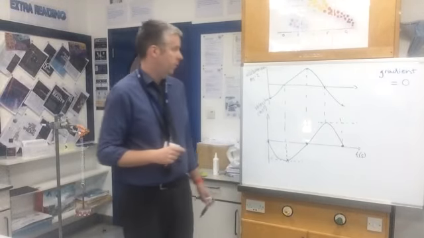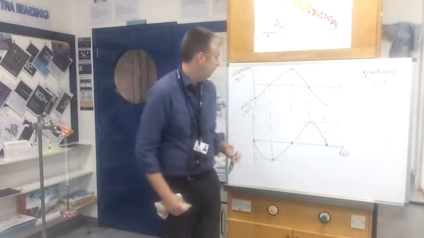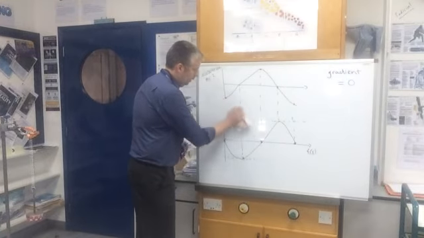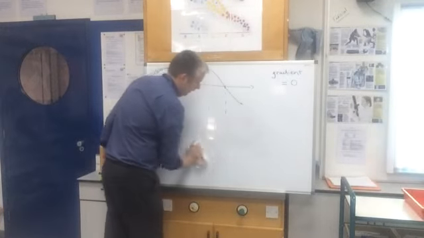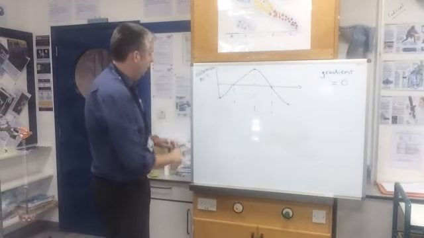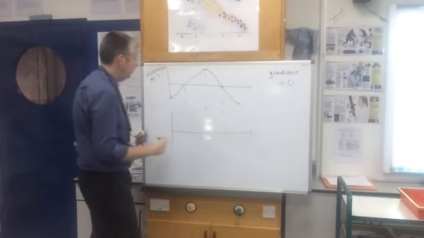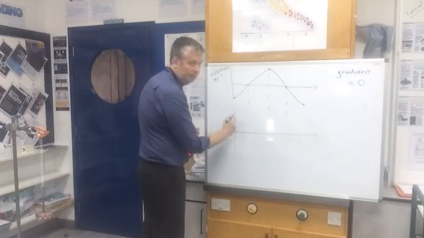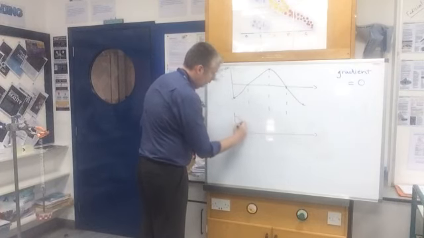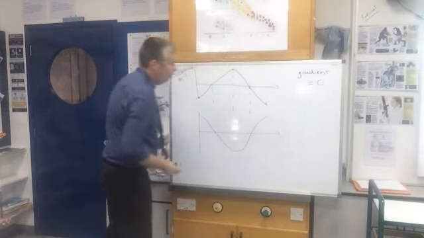Now, if I can concentrate on the top one and the bottom one, so this is what I'm talking about. I want my displacement time graph and my acceleration time graph. So what I really want is this, and hopefully my drawing has the same period.